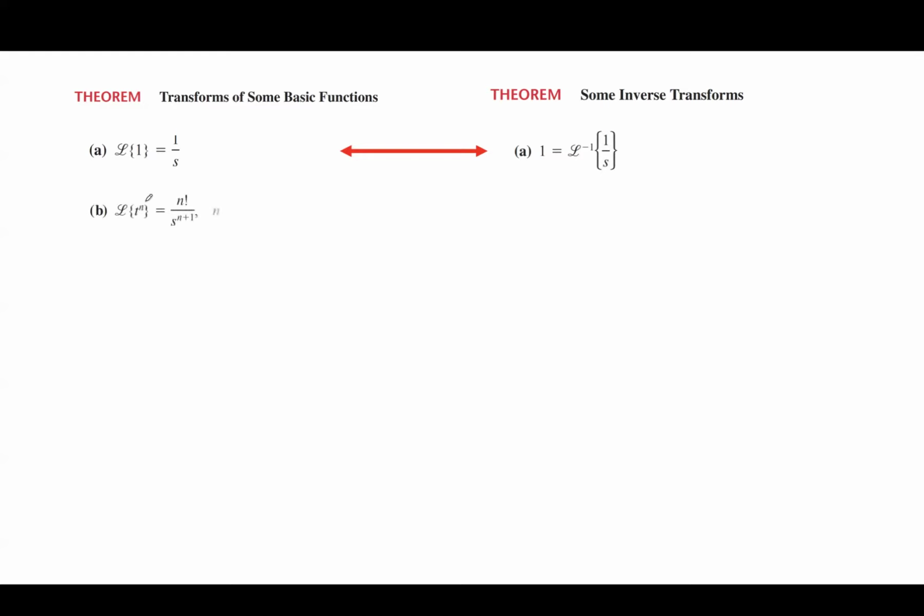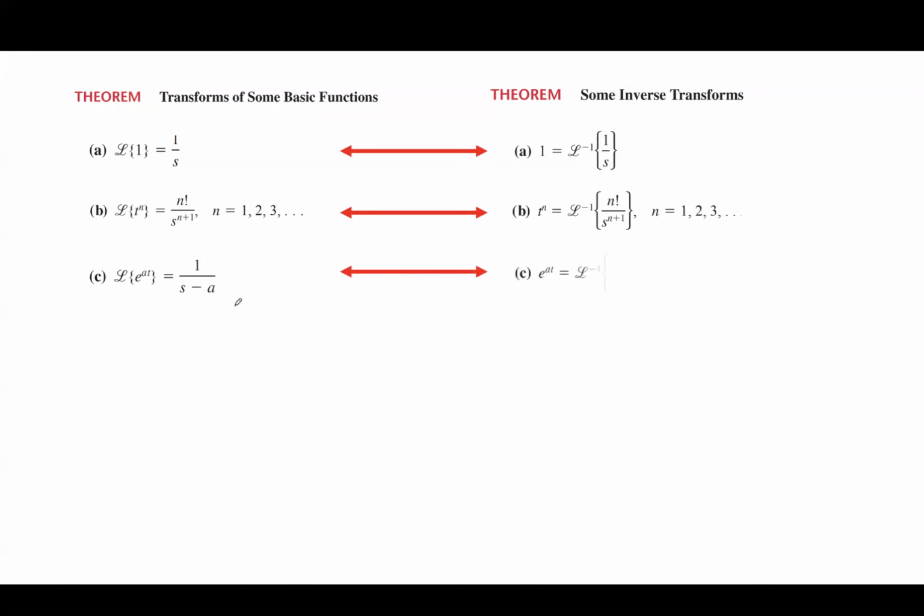The Laplace transformation of t to the n is n factorial divided by s to the power n plus 1, so you can easily write t to the n as the inverse Laplace of n factorial divided by s to the power n plus 1. The Laplace transformation of e to the power at is 1 divided by s minus a. Equivalently, you can write down e to the power at as the inverse Laplace of 1 divided by s minus a.